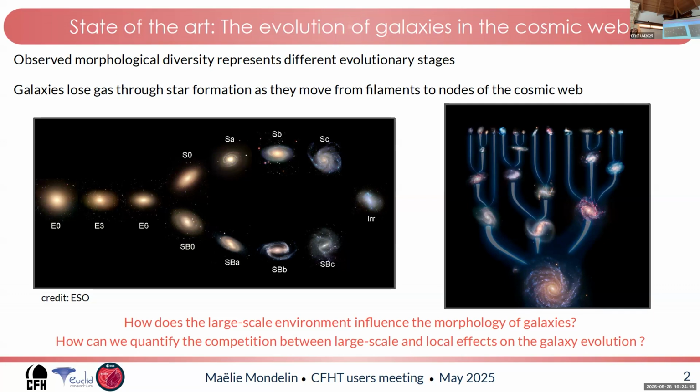So a question that we have today is to disentangle the internal processes and the outer processes, due to the local interaction and due to the cosmic web. So this is the first question that we have.